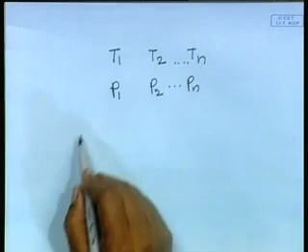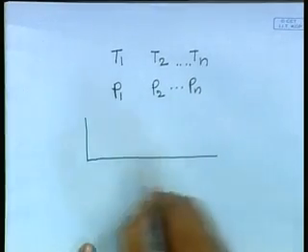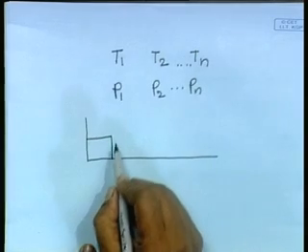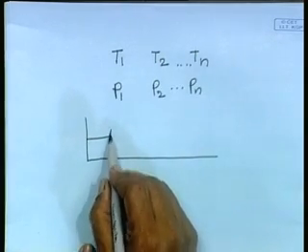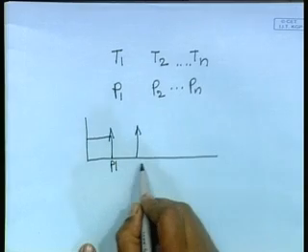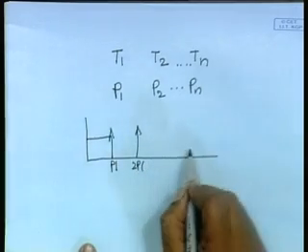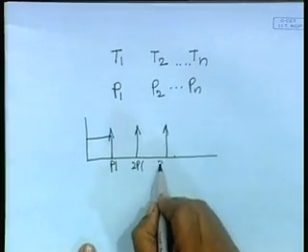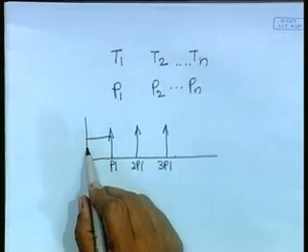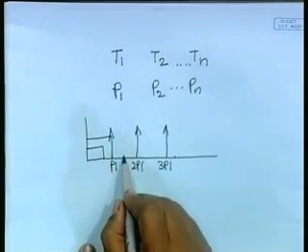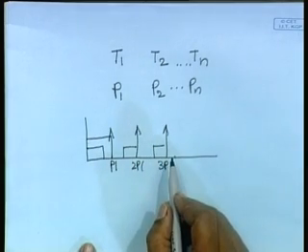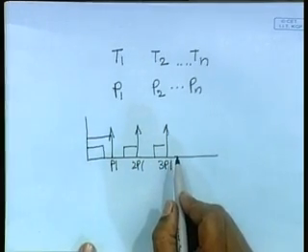In other words, task T1 starts at 0 and keeps occurring at P1 interval. So, the first one is at P1, 2 P1, 3 P1, and sometime during this period it starts executing and completes before the end of the period, right.